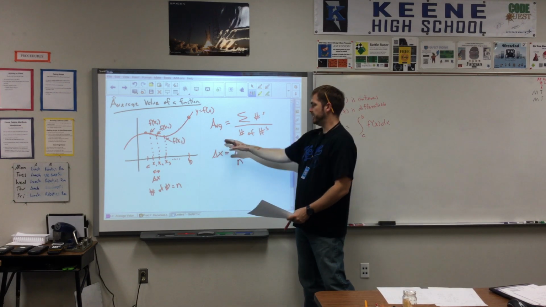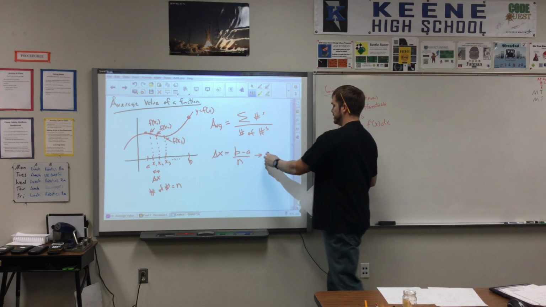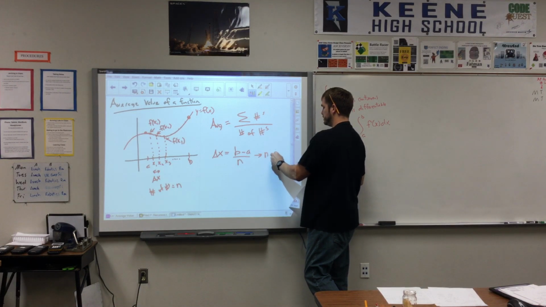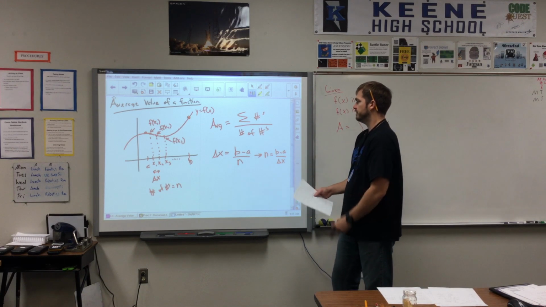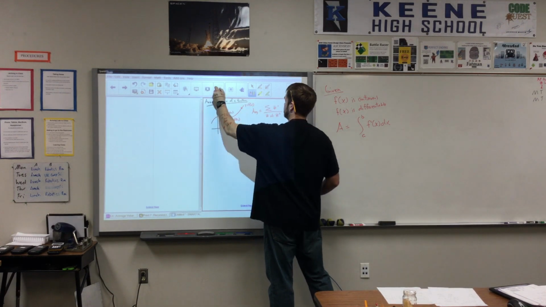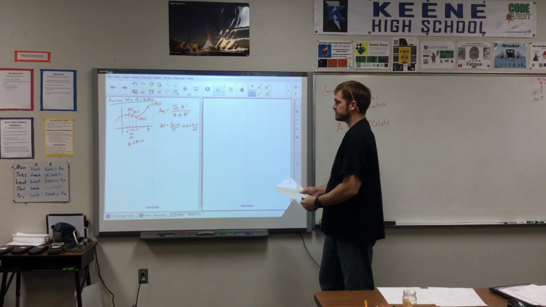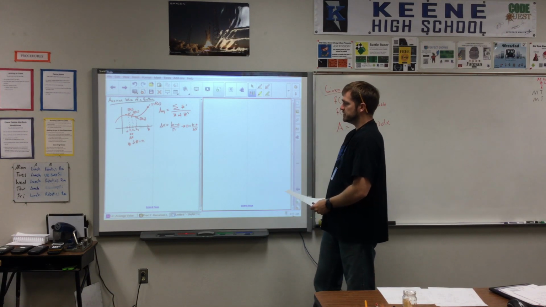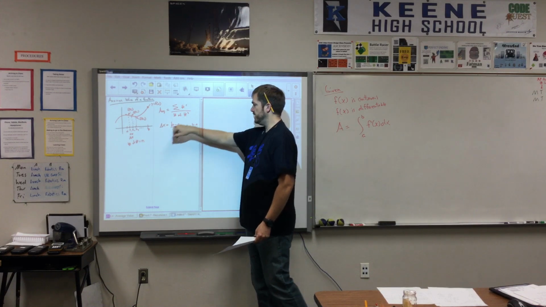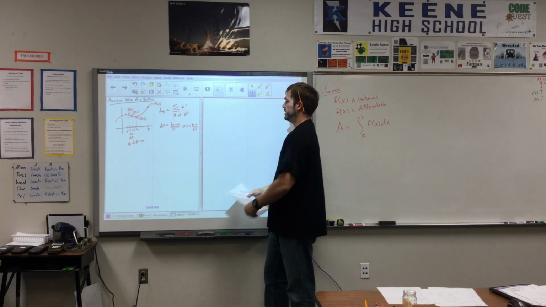Multiply both sides by n, divide both sides by delta x, and you get the equation n equals B minus A divided by delta x. So the number of numbers n is equal to B minus A divided by delta x.